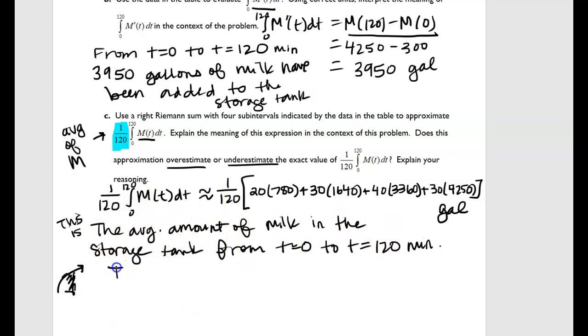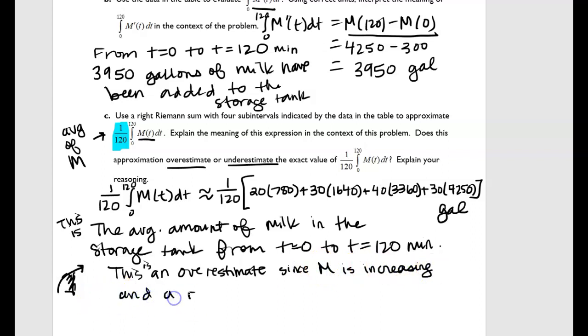We could say this is an overestimate since m is increasing and a right Riemann sum was used. Just keep it really simple. You don't have to explain why an increasing function means that you're an overestimate. Just this is an overestimate since m is increasing and a right Riemann sum was used.